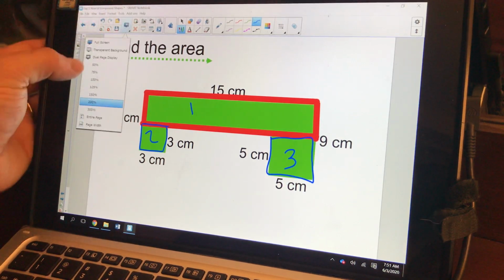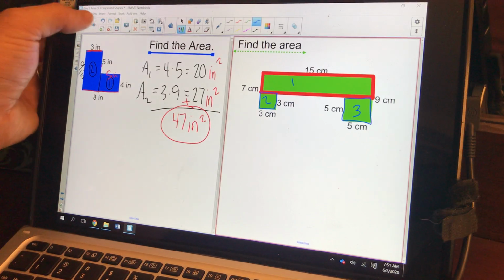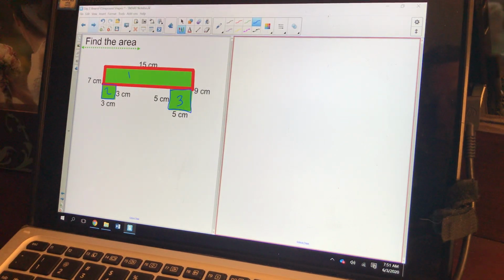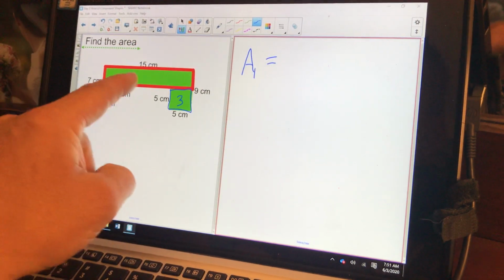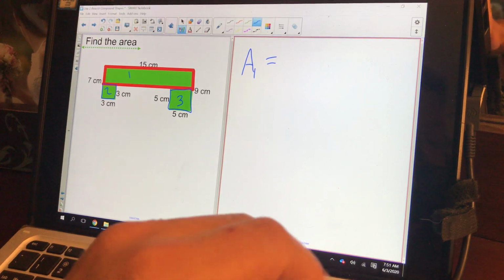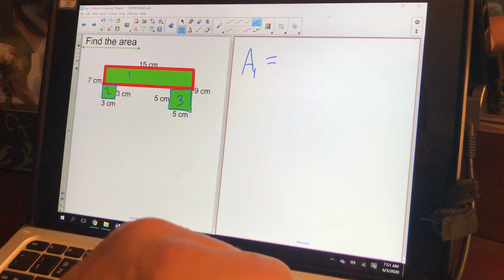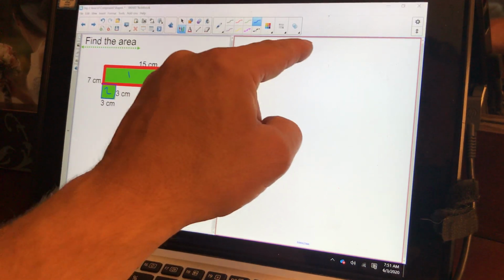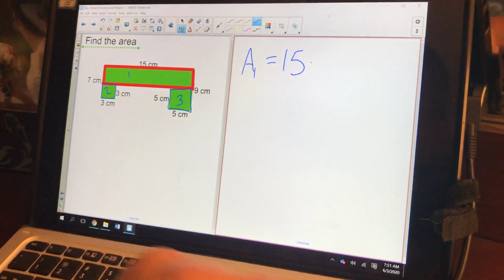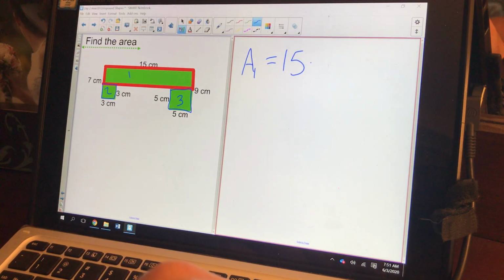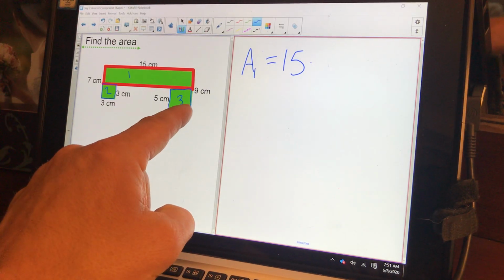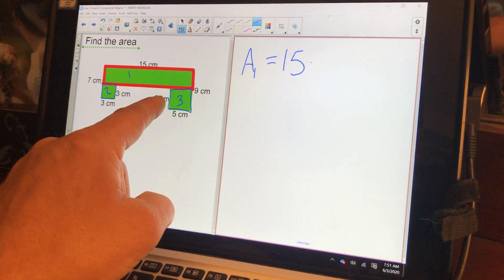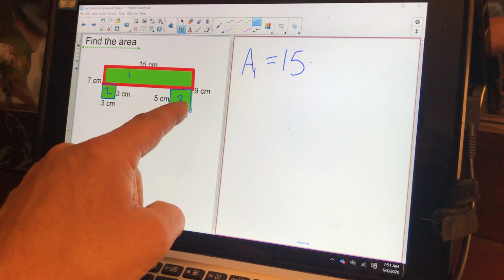I actually included a page here so I could show you my work all on a separate page. So, area of shape 1. What is shape 1? That upper red rectangle is 15 centimeters times, let's see, 9 centimeters, and 5 of them have already been used.